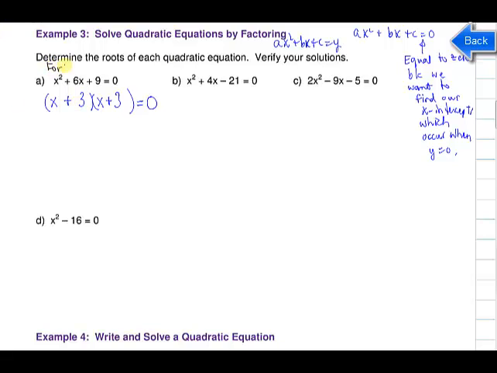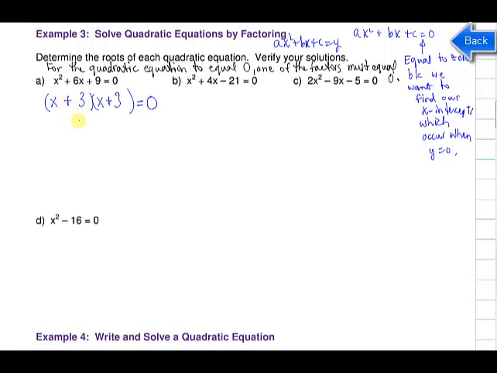For the quadratic equation to equal 0, one of the factors must equal 0. Okay, now, but because we have two equal factors here, I only really need to set one of them equal to 0, okay, to find out when it's equal to 0, and I'll explain that in a moment.